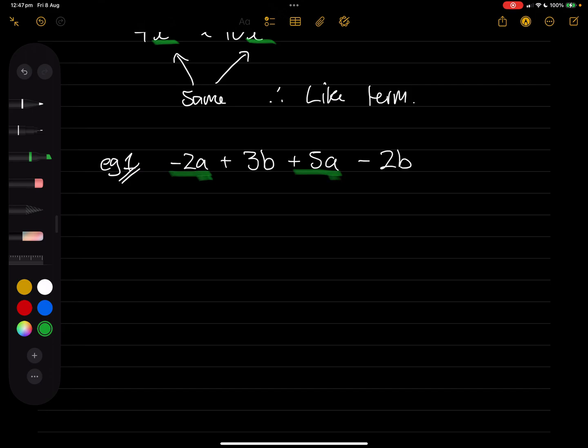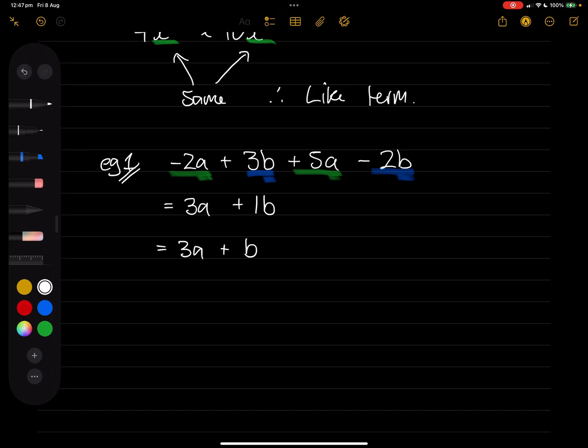This has an a, this has an a. 3b and minus 2b are like terms because the stuff at the end of these is the same. So if we simplify this, we have minus 2a plus 5a. That will be minus 2 plus 5 is 3a. And then we have plus 3b minus 2b. Plus 3 minus 2 is 1, so that's 1b. This can also be written as 3a plus b.